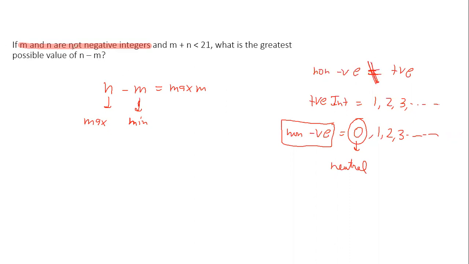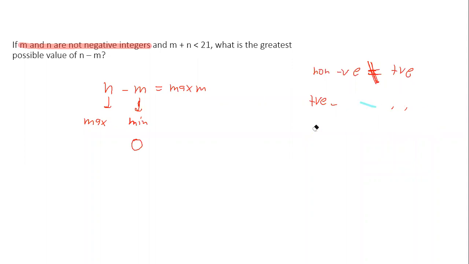So they are saying that m and n are non-negative integers, and I want m to be minimum. What's the minimum non-negative integer? 0. So I have made m as 0. Now they are asking me about n. I want n to be maximum. They have already given me an inequality here: m plus n is less than 21.